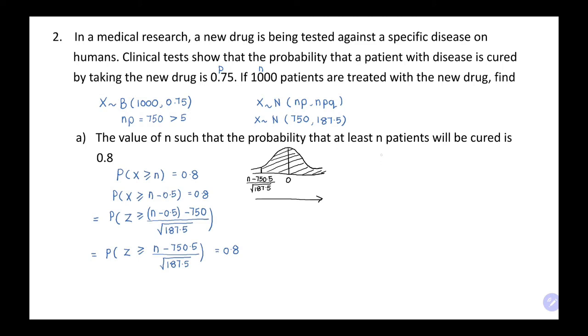Okay, to find this area, we need to take total area. Total area is 1 minus this tail, this tail to the left side. So P(Z less than N minus 750.5 divided by square root of 187.5).